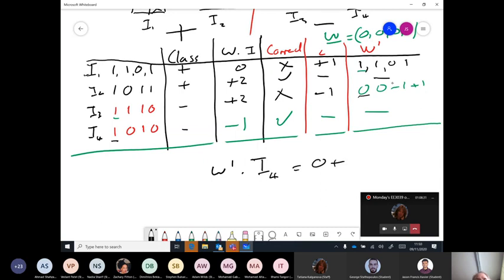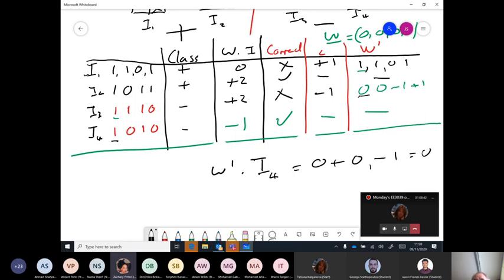For the next element, it is going to be 0 times 0 is 0. For the next one, it is going to be minus 1 times 1 is minus 1. And for the last one, it is going to be 0 times 0 is 0.